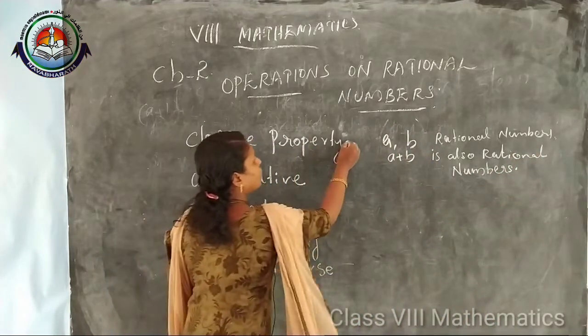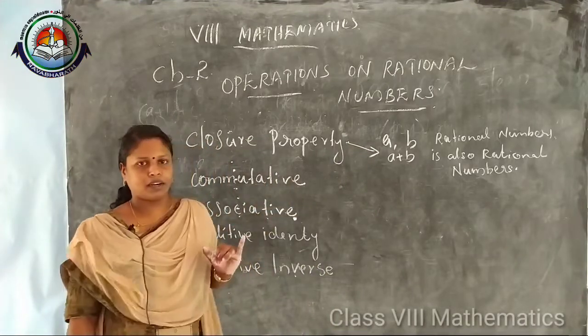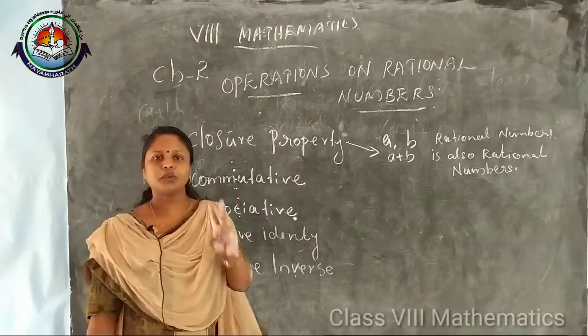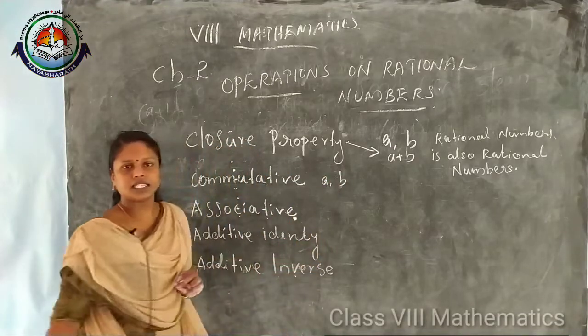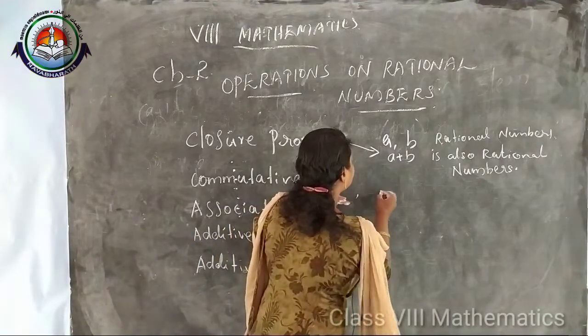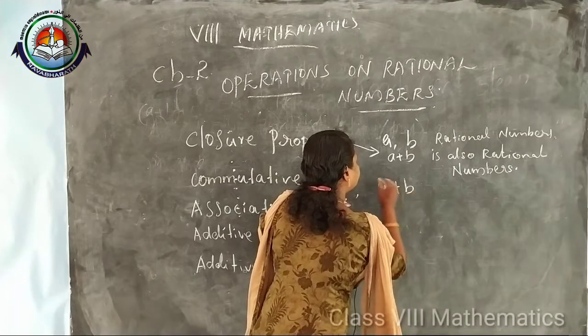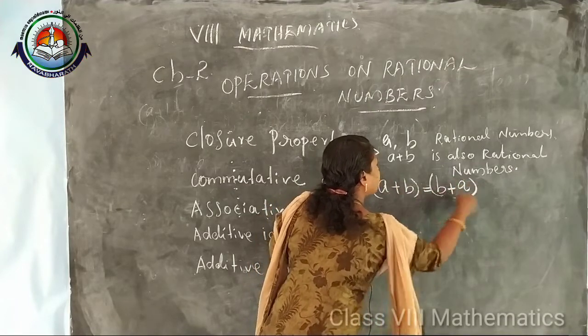Okay, that is closure property. Then commutative property. Here also we need two rational numbers. Suppose A and B are two rational numbers, then we can add any two rational numbers in any order. A plus B is equal to B plus A.